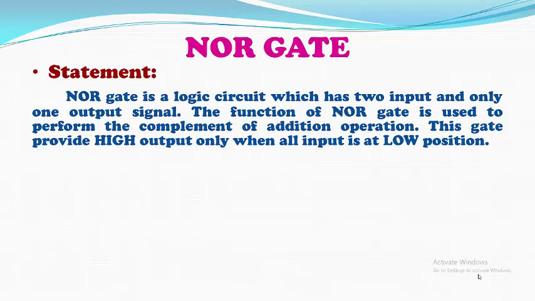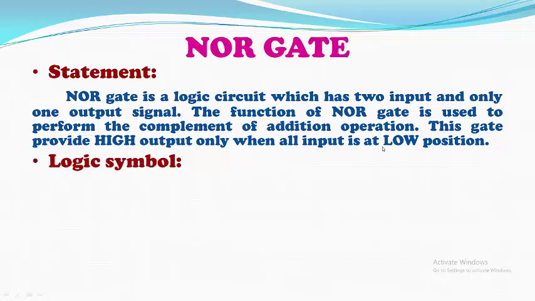This NOR gate also has two inputs and only one output signal, and the function of the NOR gate is to perform the complement of the addition operation. This NOR gate provides high output only when all inputs are at low position. This function we will see in the truth table.